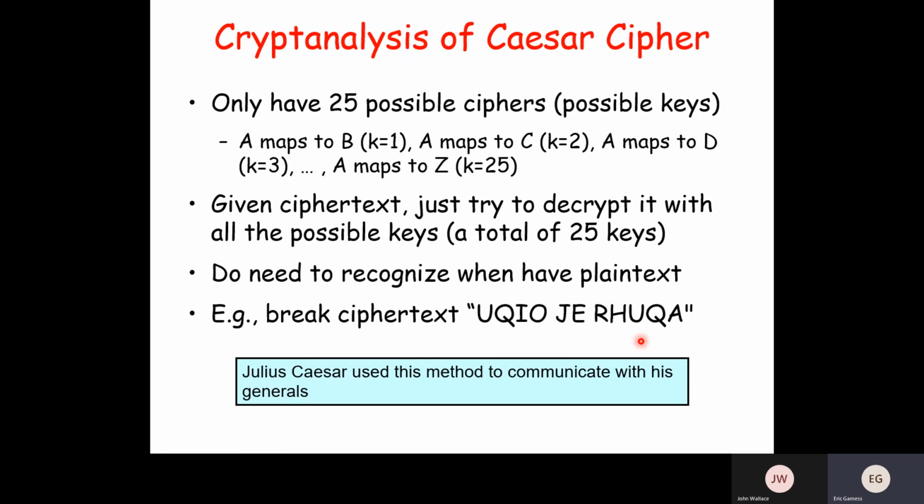We don't know what key the person has used, but we want to go back to the original message. What can we do? I want to go back to the clear text. What can I do?